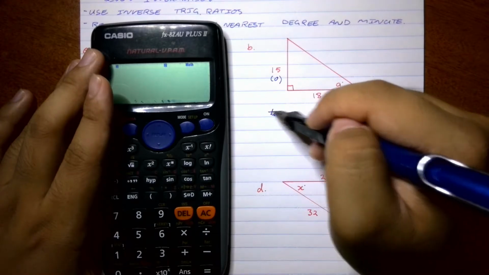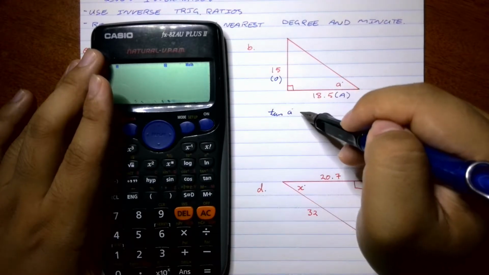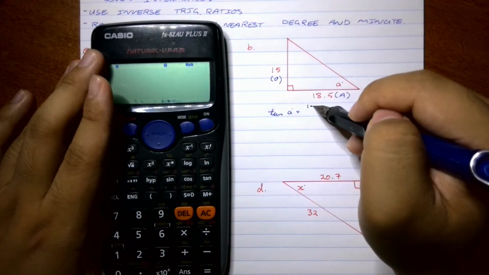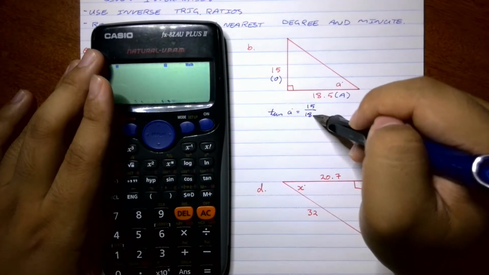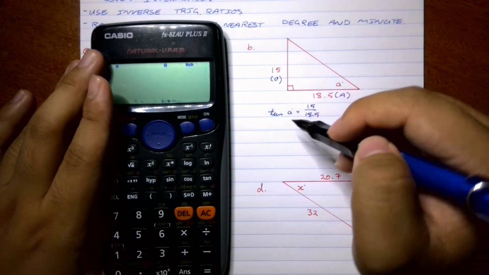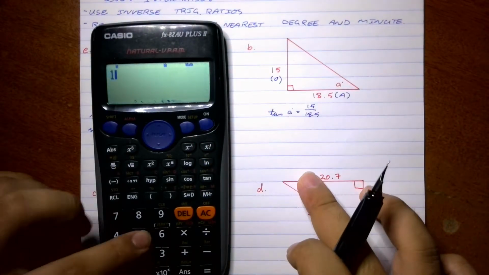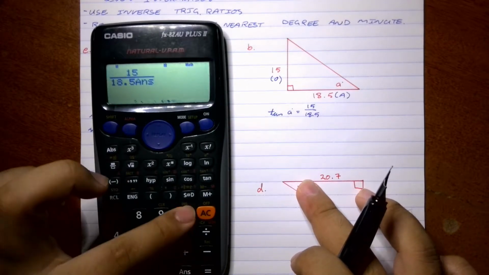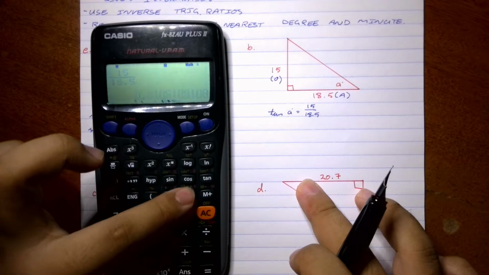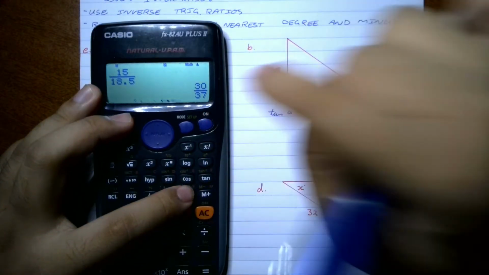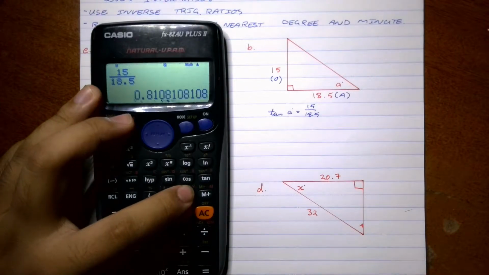So tan of A degrees is equal to opposite over adjacent, which is 15 over 18.5.